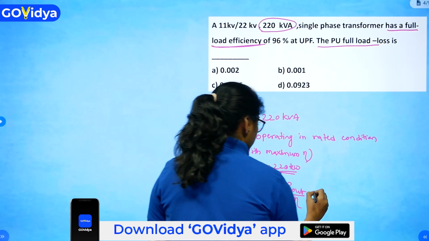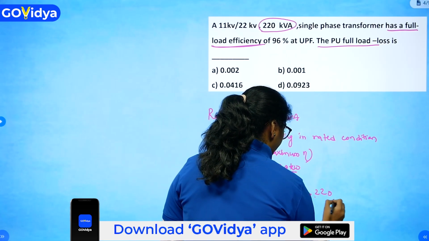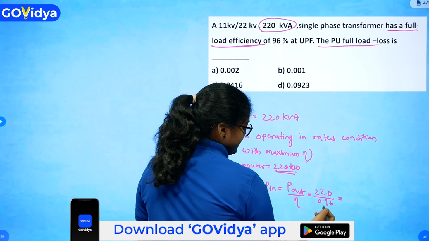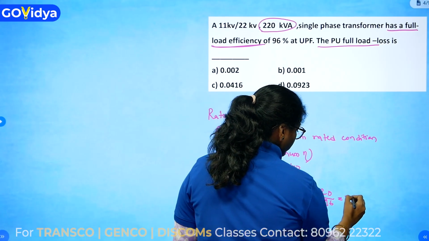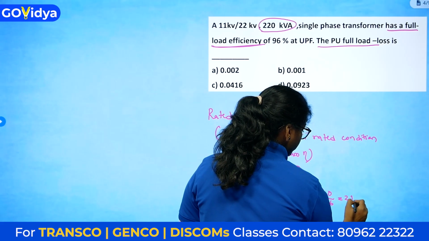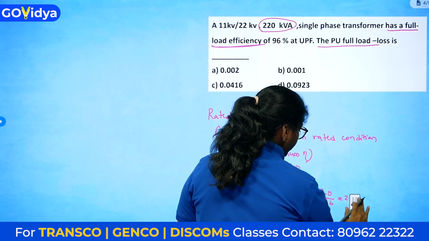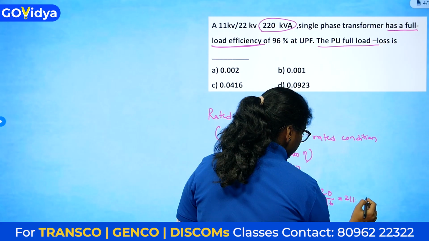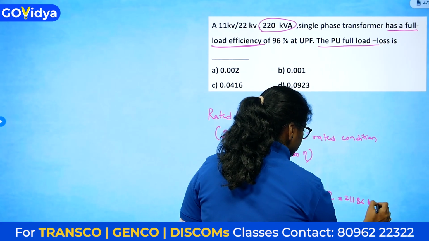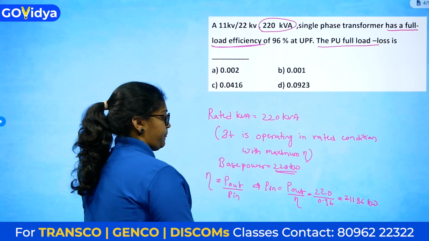That is 220 by 0.96. It is less than 1, so you will get around 211 point something, around 211.36 kilowatts, the P input. Clear?